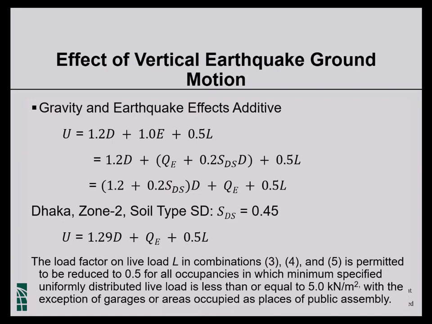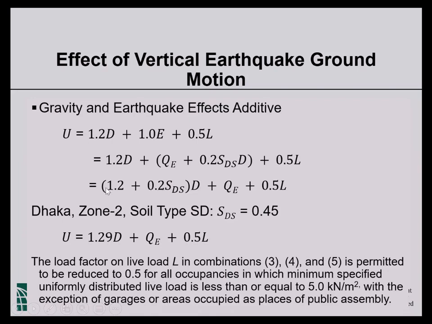In Dhaka, for soil type SD, which is very common, particularly in the north, S sub ds given in Appendix C is 0.45. 0.45 times 0.2 is 0.09.